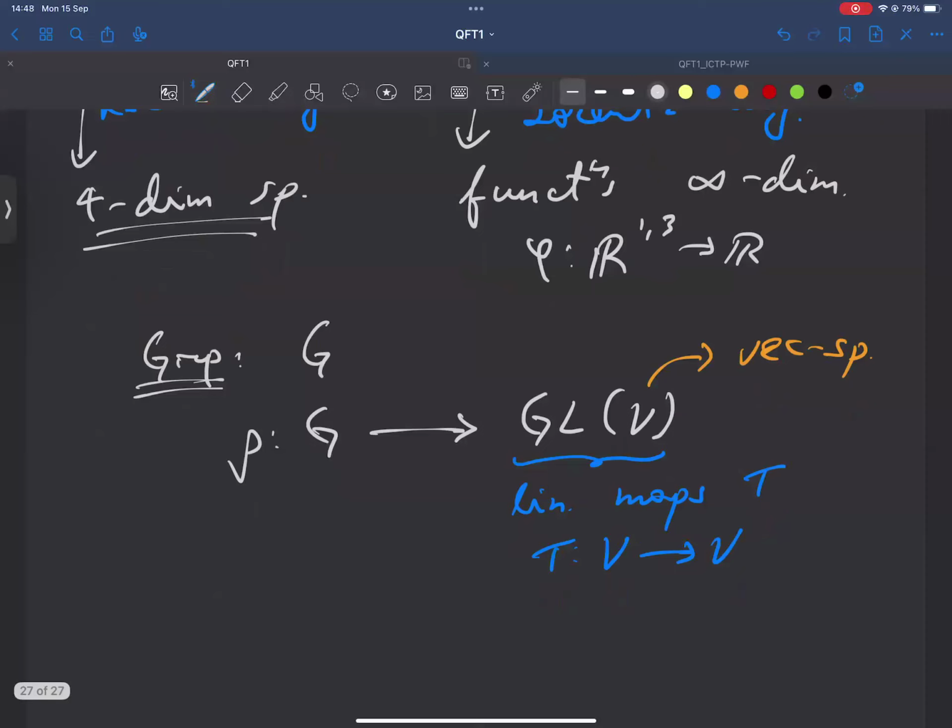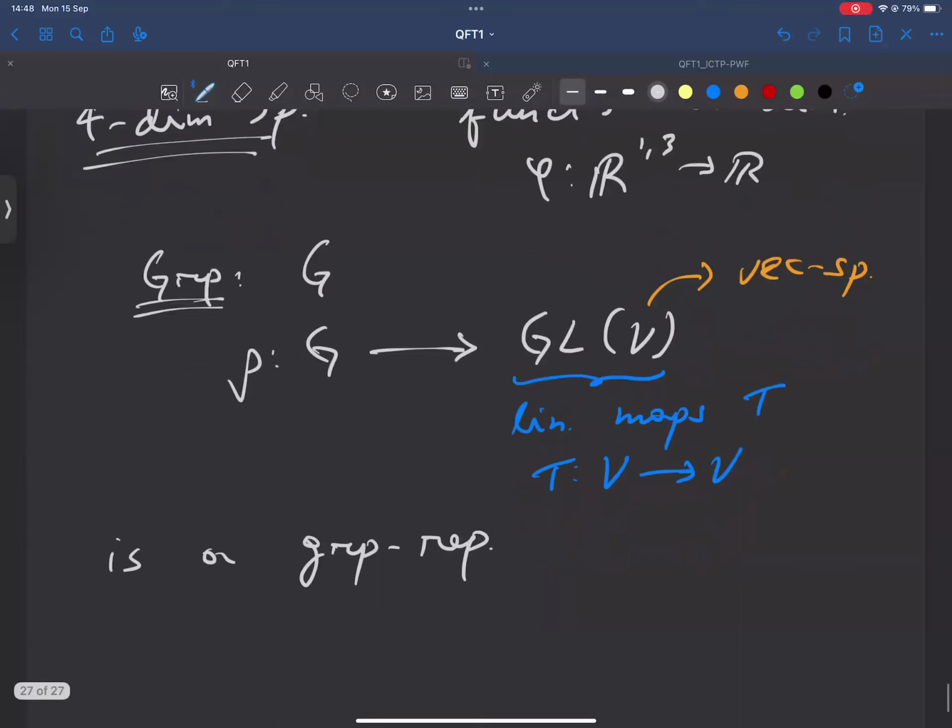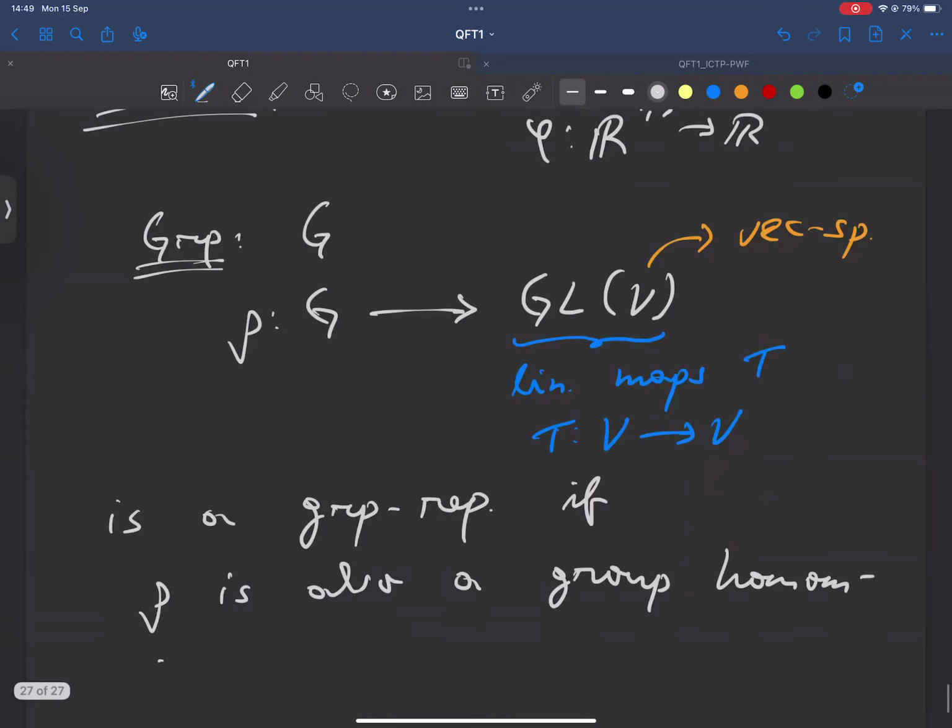And rho, which maps from the space of group elements to this space that's a collection of all linear maps, that is called a group representation, if this rho is also a group homomorphism. Okay, I'll explain what this is very briefly.